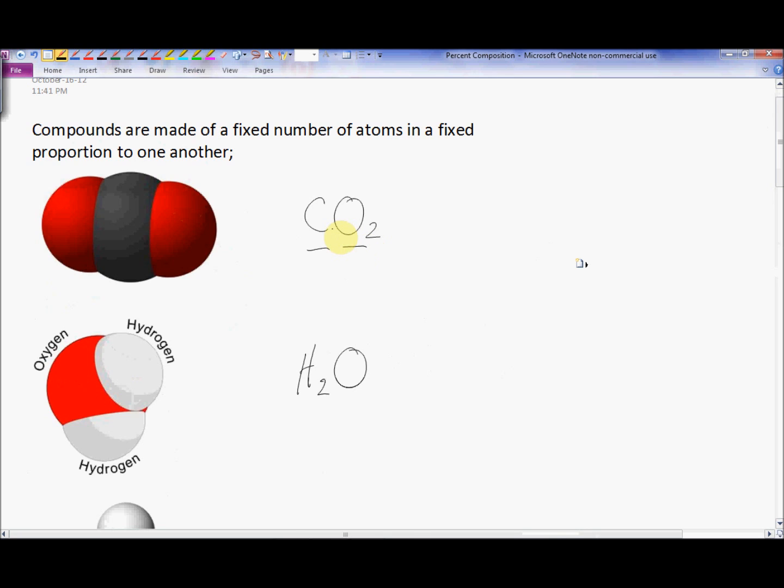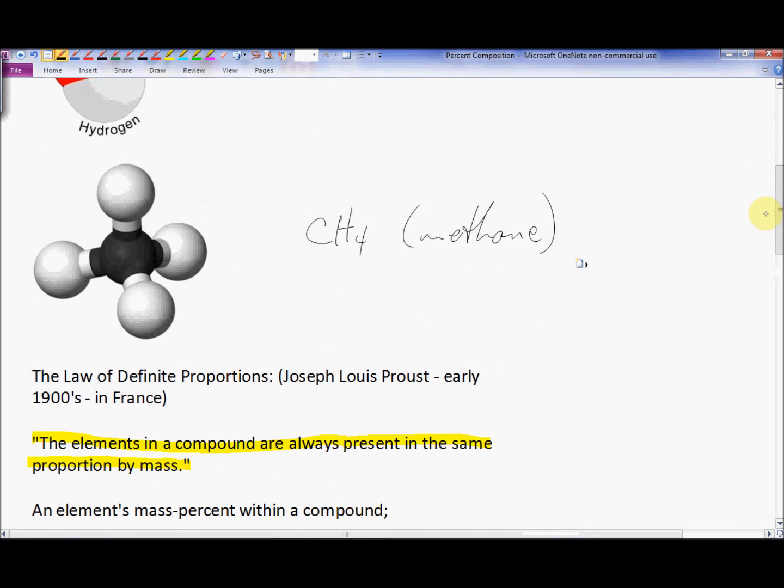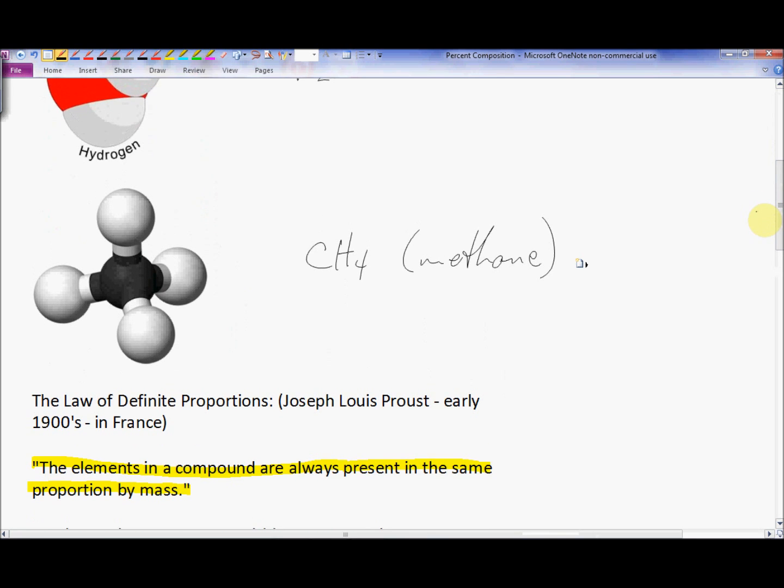Carbon, with the exception of some isotopes, usually has a mass somewhere close to 12, and oxygen usually has a mass somewhere close to 16, as we've talked about. So it makes sense that carbon dioxide will always have carbon in a certain percentage by mass, and oxygen in a certain percentage by mass within that molecule.